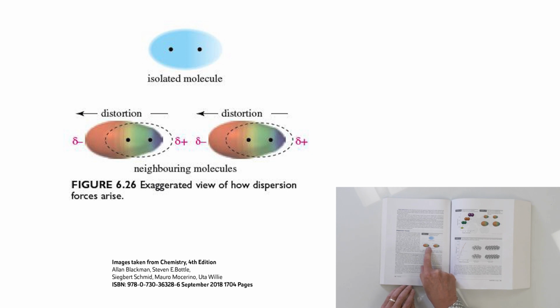So in other words, one end of this molecule is going to become a little bit positive, delta positive, and it then is going to attract the electron cloud from a neighboring molecule. It's going to make that a little bit negative, and what you've got then is a dipole. A little bit positive, a little bit negative, and that now is an intermolecular interaction.